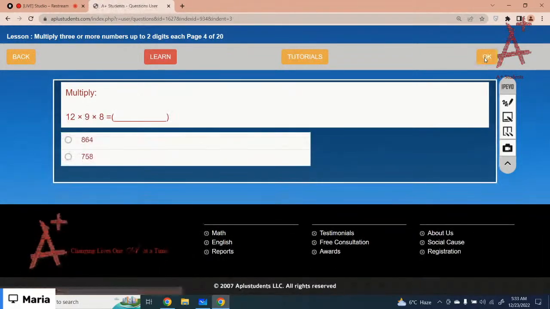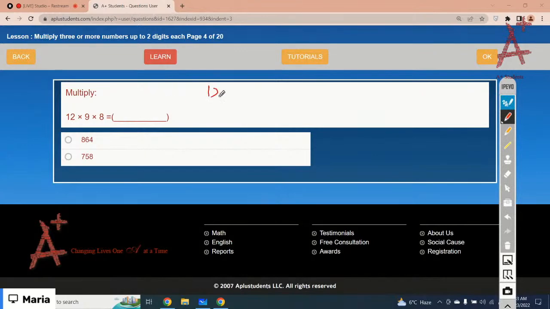So the next one is 12 times 9 times 8. So just do 12 times 9. 12 times 9: 9 times 2 is 18. 8 carry 1. 9 times 1 is 9 and 1, it is 108. Got it? So now you have to do 108 times 8.